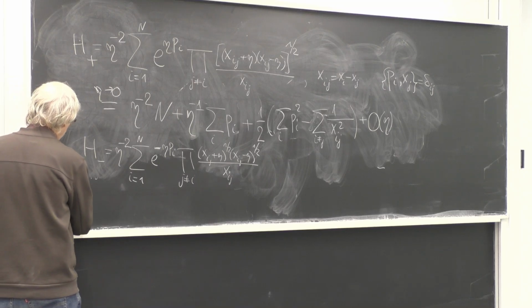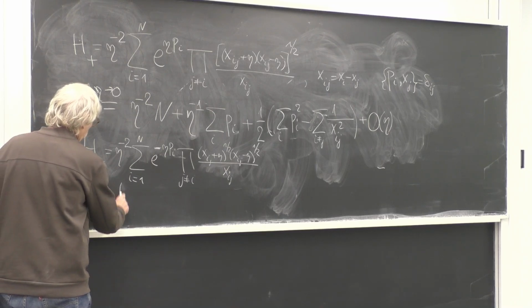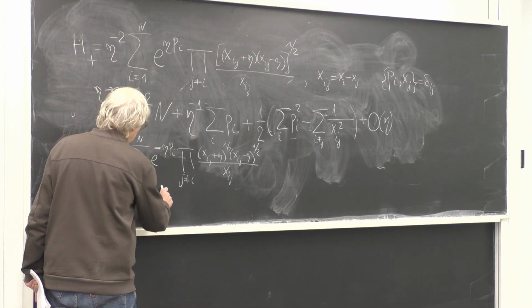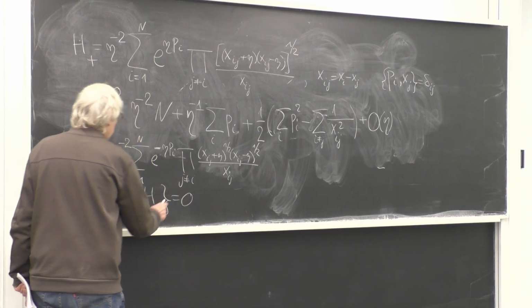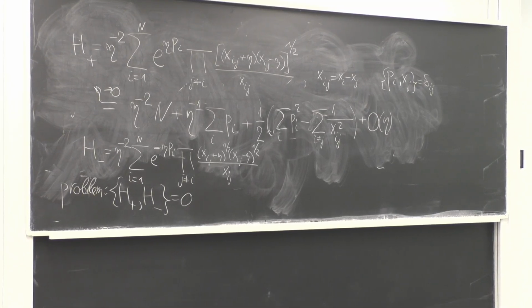The problem is to prove that the Poisson bracket between H plus and H minus is 0. If you try to do this, you will see that it is not a very simple problem, because you will need some rather complicated identities for rational functions.